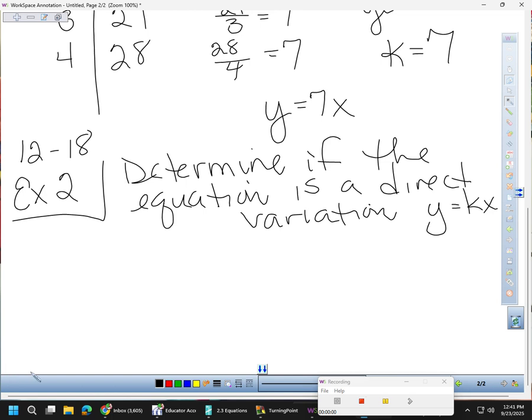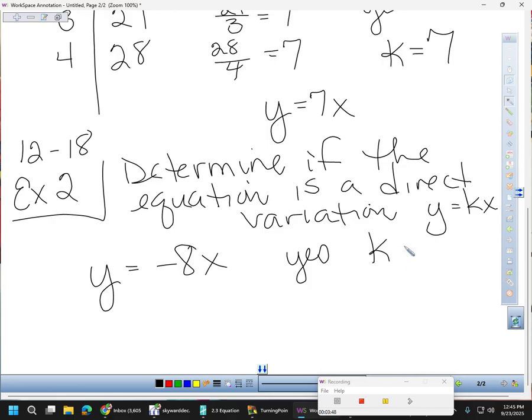So, let's say we'll start off super easy. Let's say I have y equals negative 8x. Is that a direct variation? Is that in the form y equals kx? Yes. And then we can say k equals what? Negative 8. Perfect.